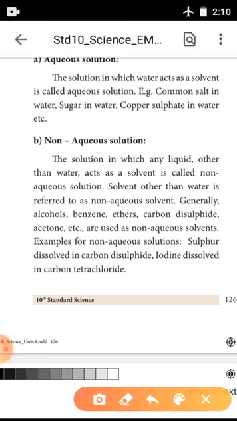For example, alcohol, benzene, ether, carbon disulfide and acetone. These are examples of non-aqueous solution. Then what are examples of aqueous solution?